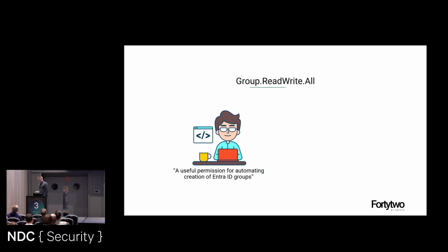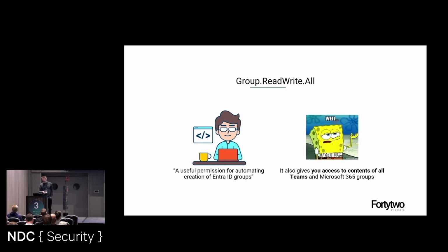Group read-write all. It's a useful permission for automating creation of Entra ID groups, but it also gives you access to all the contents of all Teams and Microsoft 365 groups. So there are better scopes than this, and it's worth really checking, because all of these are called group read write all, but there's also one called group.create, and there's one called group member read write all.